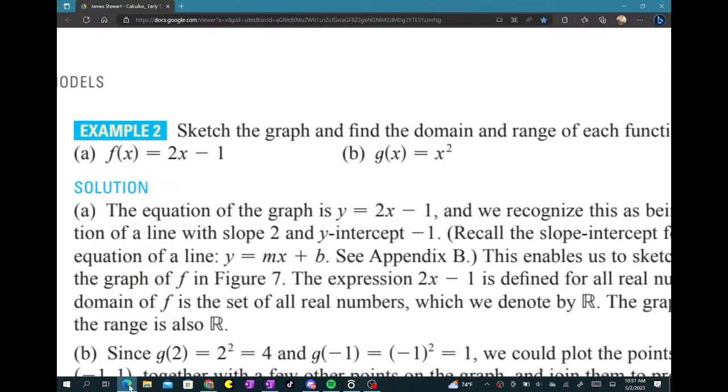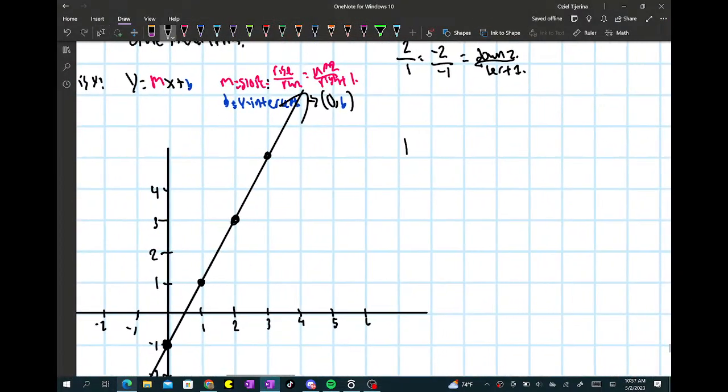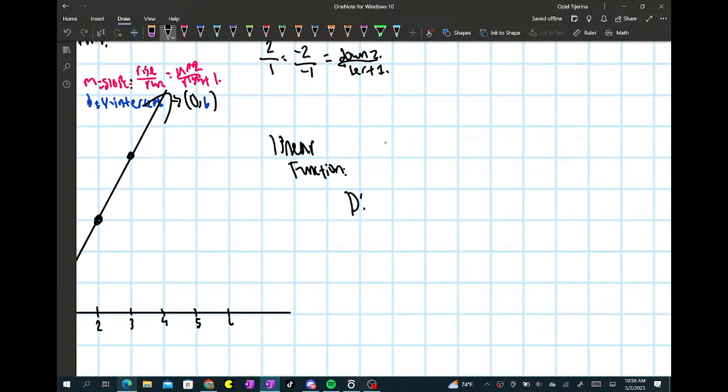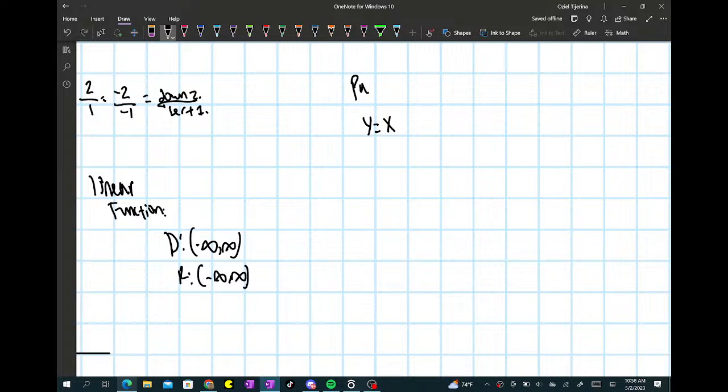Also it says to determine the domain and range of each function. So we know that for a linear function, if you guys don't remember, the domain and range are negative infinity to infinity. And by the way, guys, the parent function for this is y equals x.